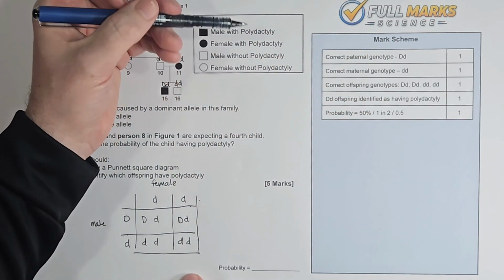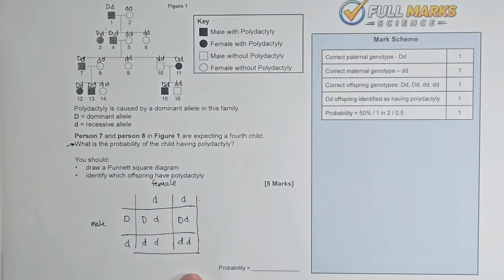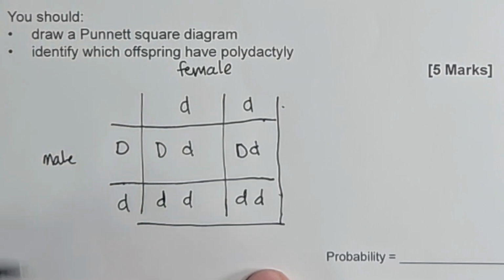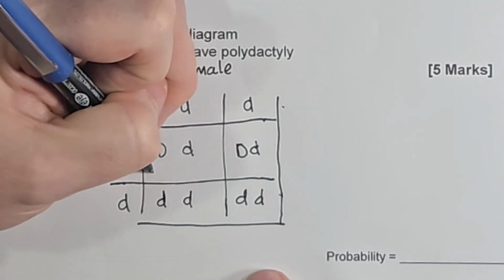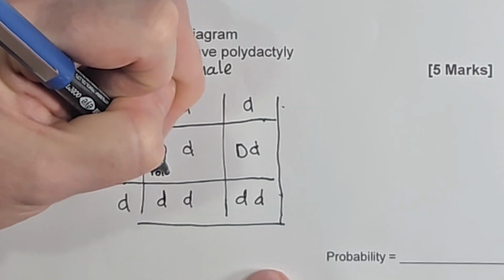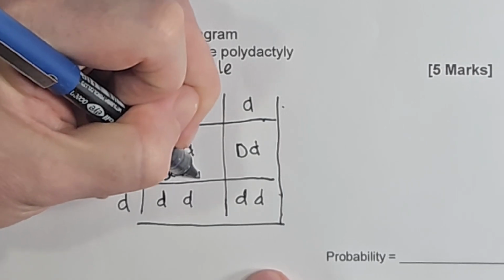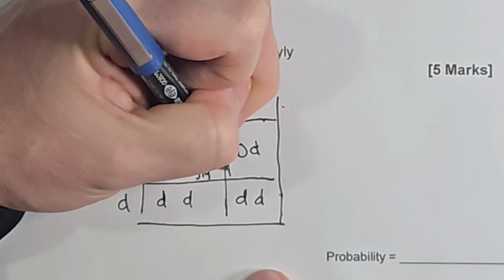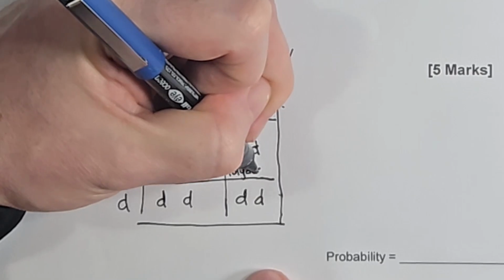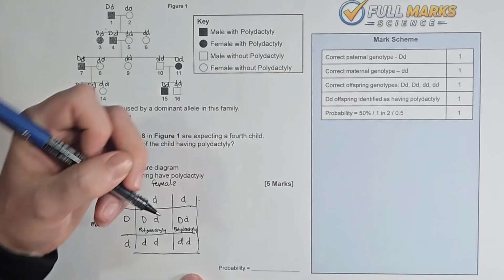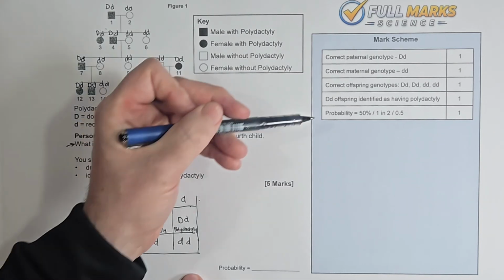And now we need to identify which ones have polydactyly, and we know this. It is any that have a dominant allele. So I will write this in here, maybe small. Just by doing that, we're up to 4 marks.